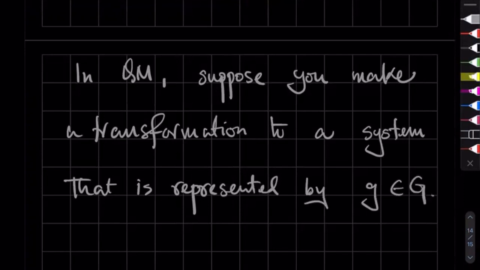So for example, it could be a rotation. So you take a system and you rotate it, right? That would be a transformation.